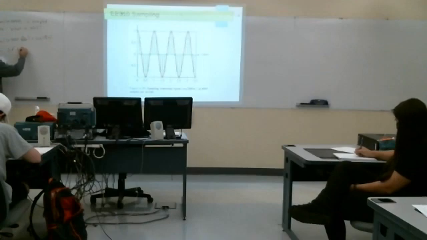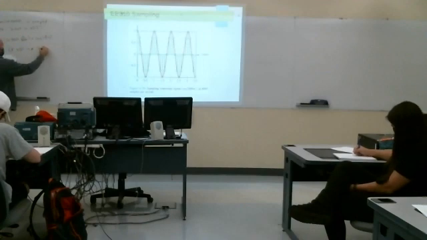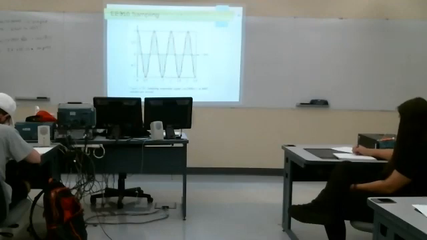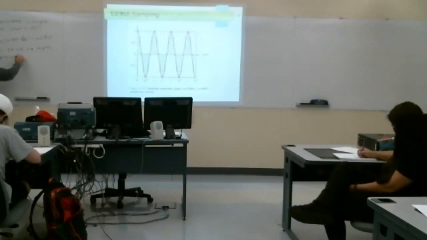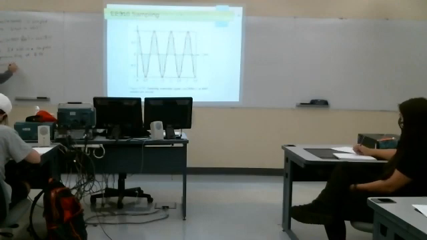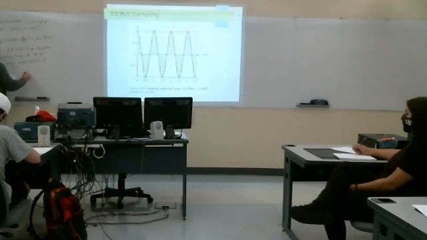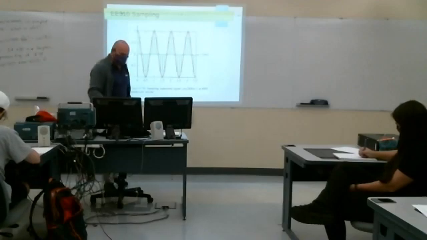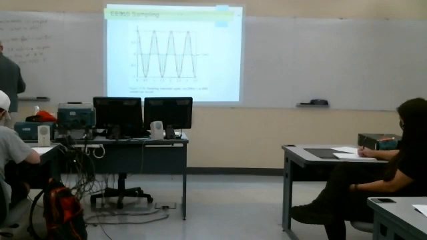It says if x of t is a low pass signal with maximum frequency of B hertz, we can recover x of t, the continuous time signal, from x of n, the sequence, if fs is greater than 2 times that highest frequency, or 2 times B. This minimum sampling rate, this 2B rate, is called the Nyquist rate, N-Y-Q-U-I-S-T.